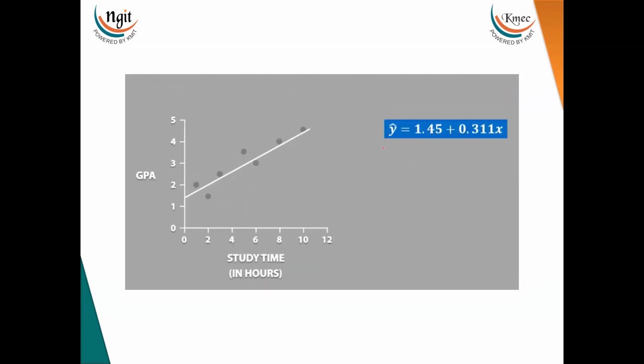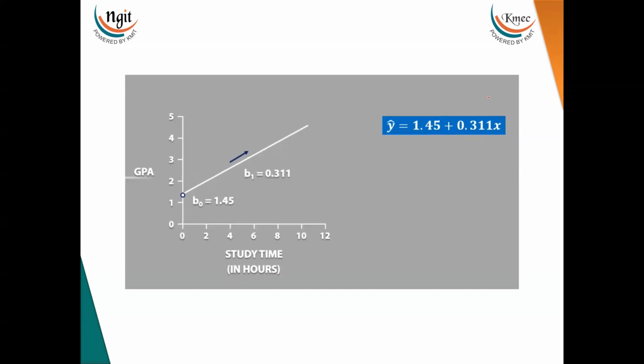Now our equation will become like this. Our equation is y equal to b naught plus b1 into x. So substitute all these values. So b naught is this one, b1 is this one. Now, see, this is the representation. This is the b naught value, the intercept, and this is the slope, b1 equal to 0.311.